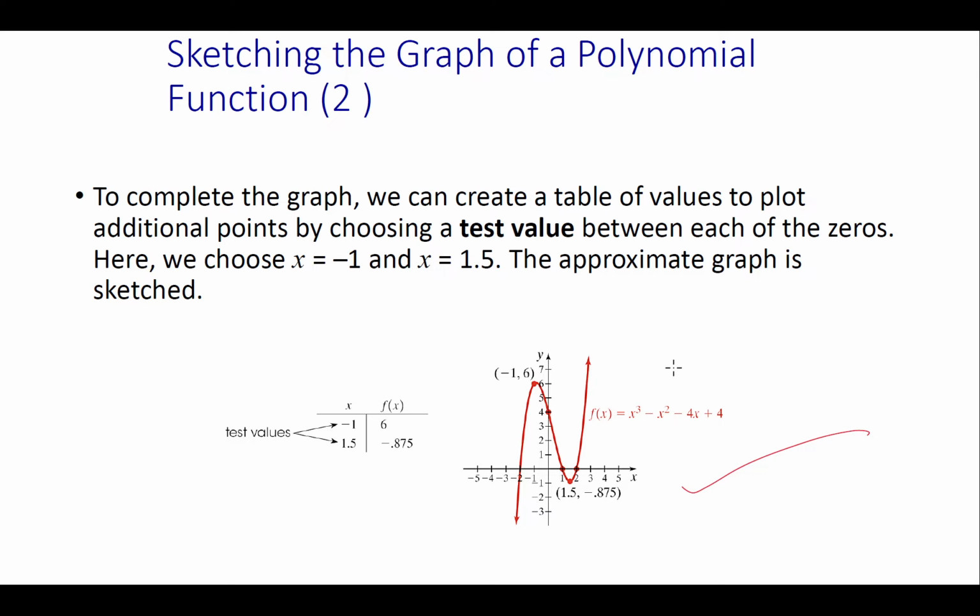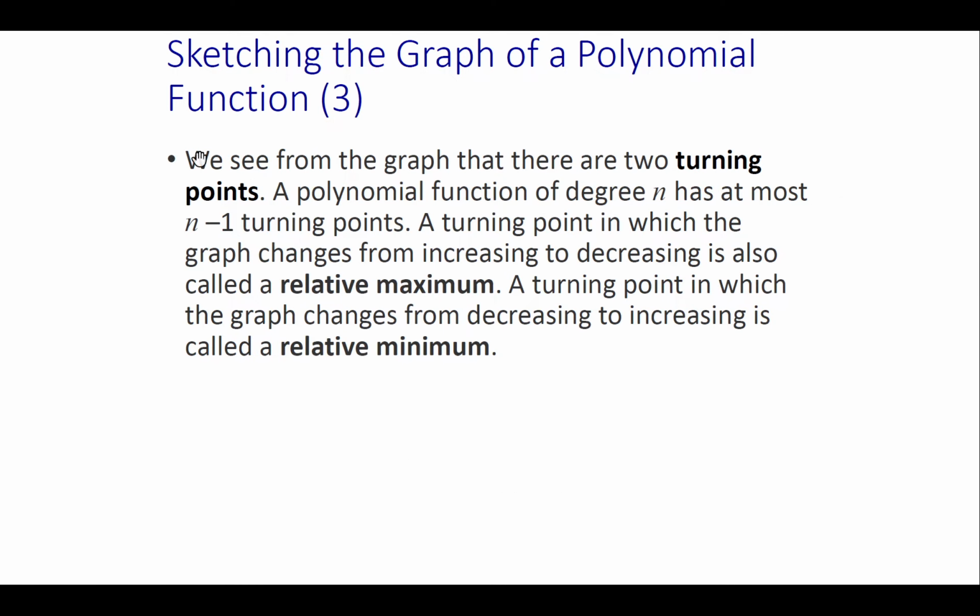Depending on the degree of the polynomial, the maximum number of turning points you will have is at most n minus 1. n means the degree of the polynomial. A polynomial function of degree n has at most n minus 1 turning points. That is the one thing you have to always keep in mind.